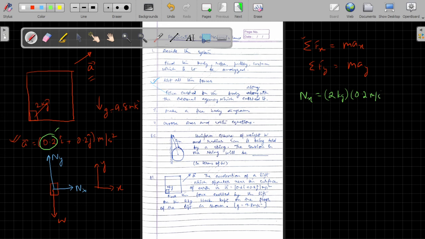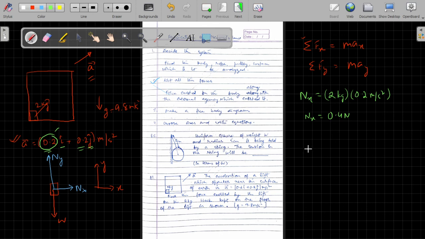The coefficient of i cap is the acceleration in x direction, and the coefficient of j cap is the acceleration in y direction. So this gives us 0.4 newtons. So the normal force acting on the block in x direction would be this.